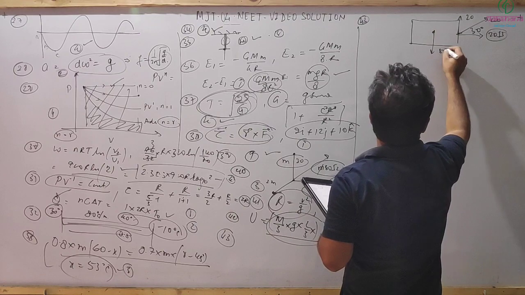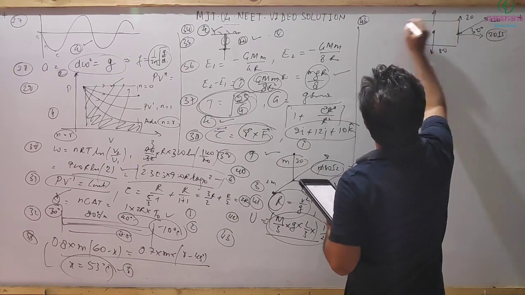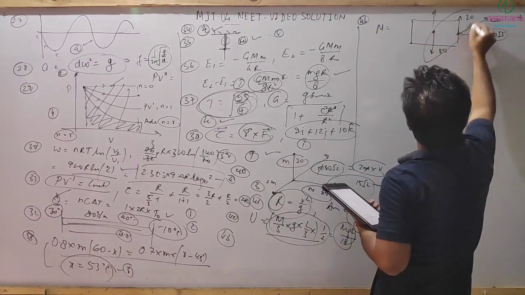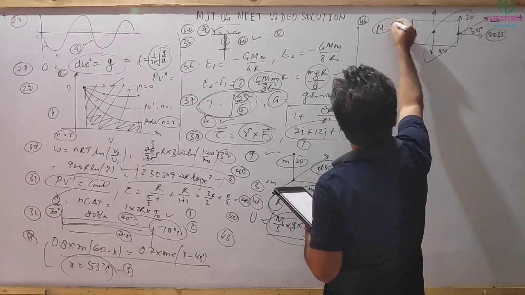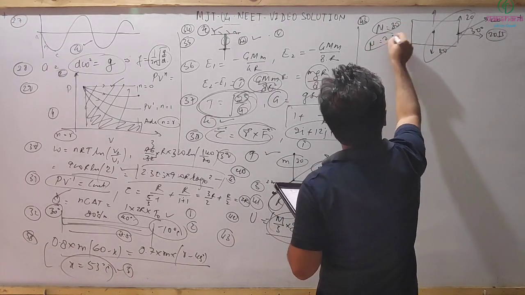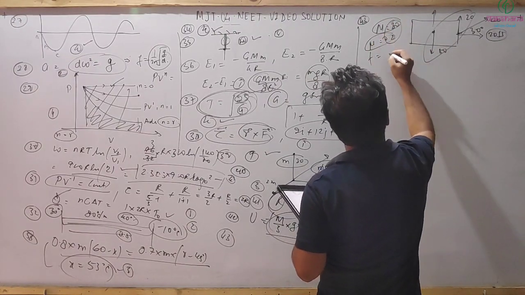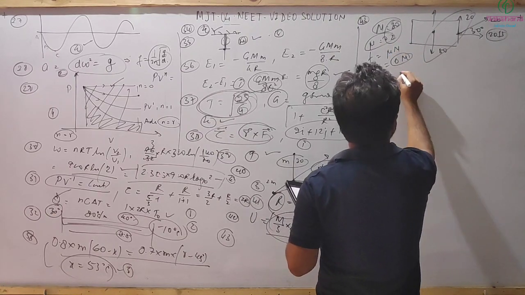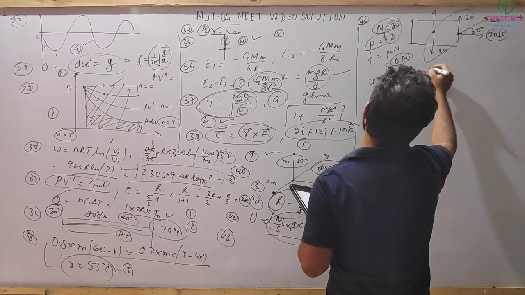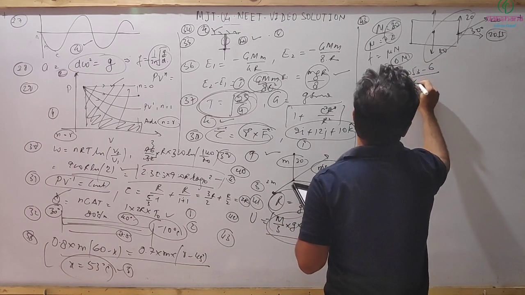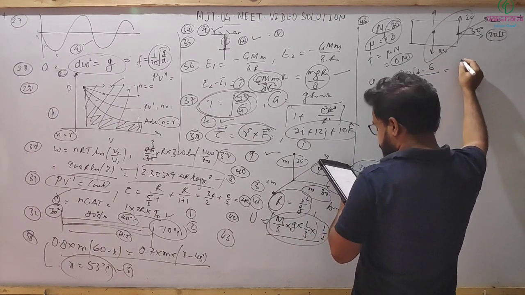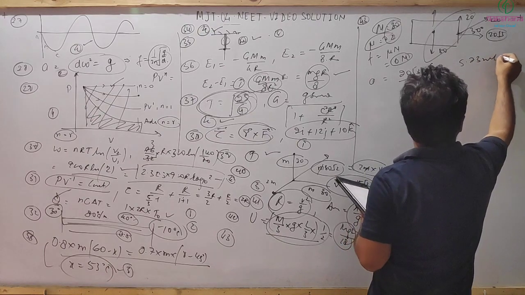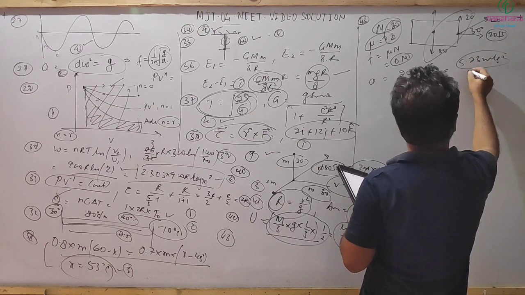Balancing forces in the vertical direction, the normal is equal to 30. Mu is equal to 0.2. Friction force is mu into N, which is equal to 6 Newton. Then acceleration is equal to 20 root 3 minus friction 6, divided by mass 5. Solving, it comes out to be 5.73 meter per second square, matching with option number 1.